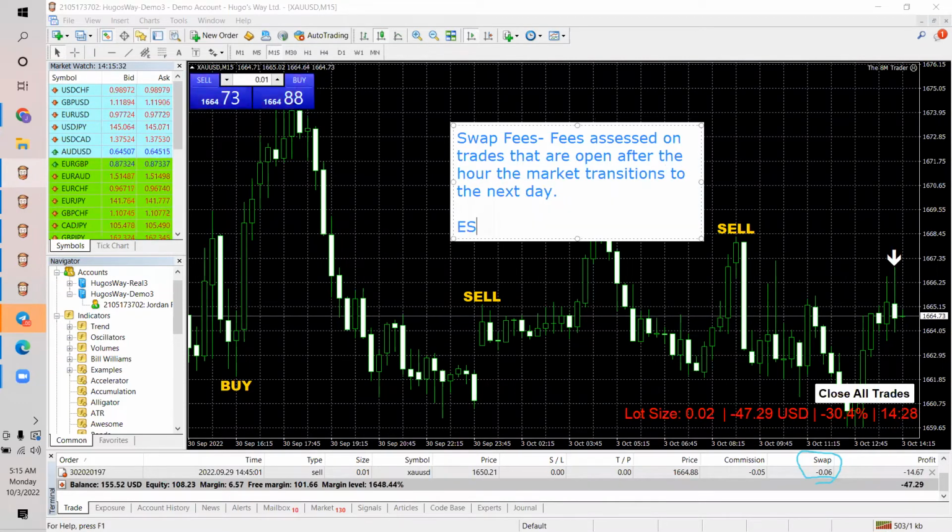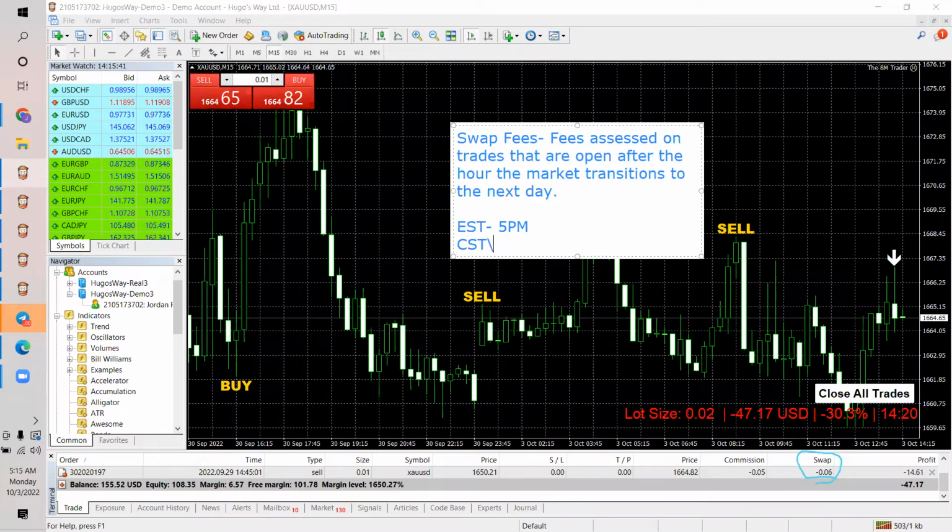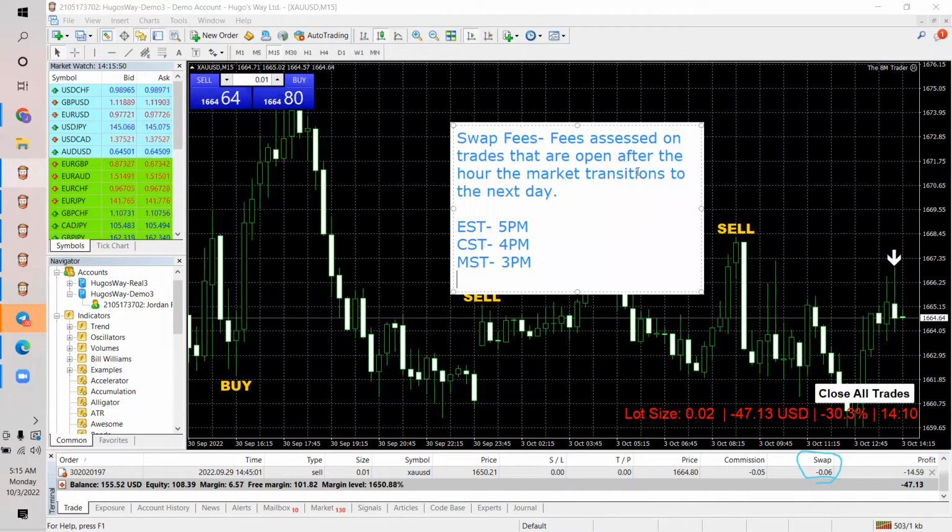Now for Eastern Standard Time, so for all my New York, for all the East Coasters, that's 5 p.m. And then Central Time, that's 4 p.m. For Mountain Time, that's 3 p.m. And for Pacific Time, that's 2 p.m. As far as any other time zones that are out there, I don't necessarily have that resource available.